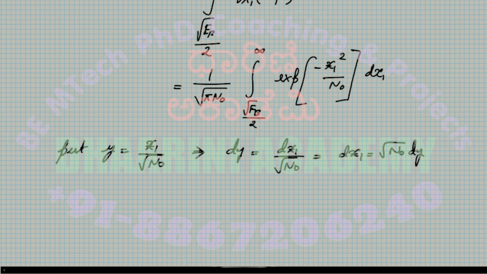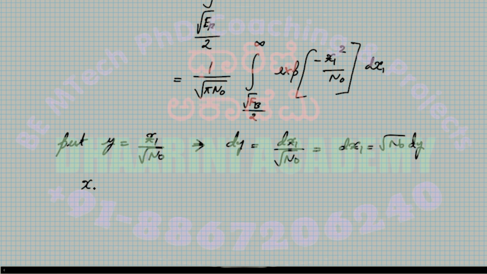So we need to calculate the limits. First let me calculate the upper limit, which is straightforward. When x1 is equal to infinity, what happens to y? y is also infinity, because infinity by root n naught is not going to change. But when x1 is equal to root of Eb by 2, just calculate what y is.